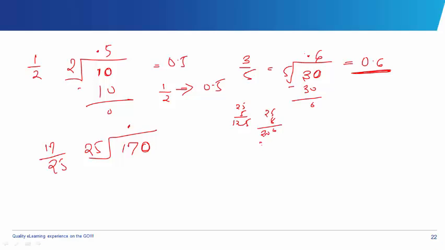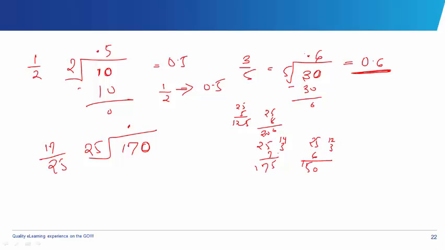Let's try 7. 25 times 7. 7 times 5, 35. 3. 7 times 2, 14. 14 plus this will give us 175, which is still much. So let's now try 6. 6 times 5, 30. Carry 3. 6 times 2 is 12. Plus 3 will give us 15.